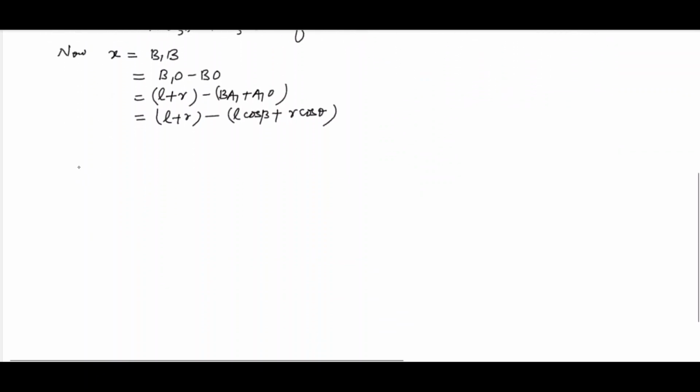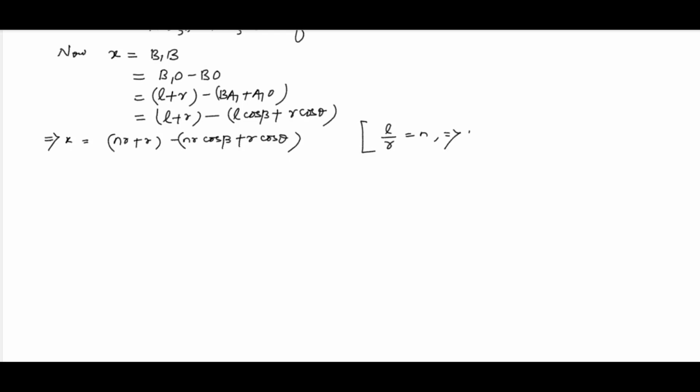Now we have X equal to nR plus R minus (nR cos beta plus R cos theta), if we choose the ratio L by R equal to n, such that L can be represented as nR.